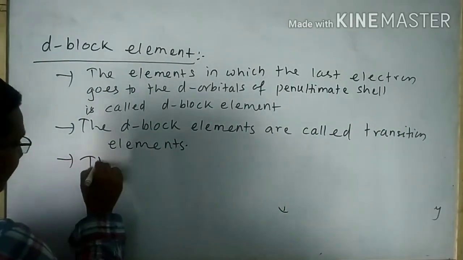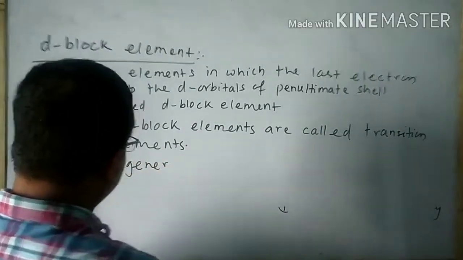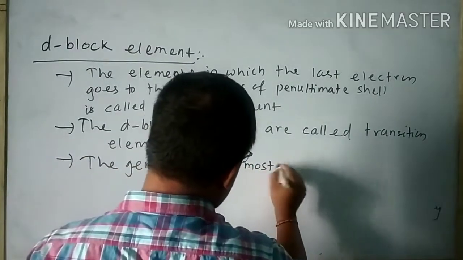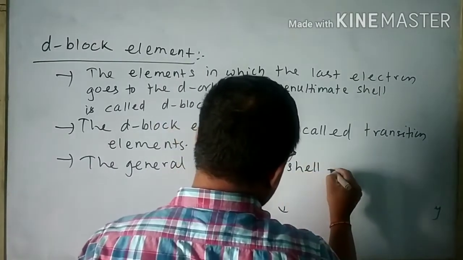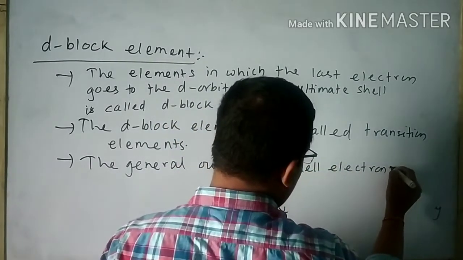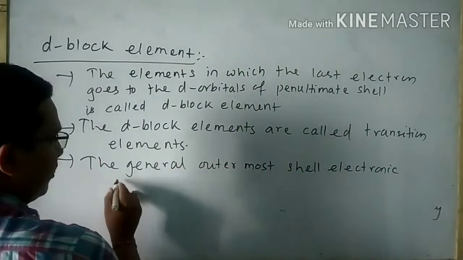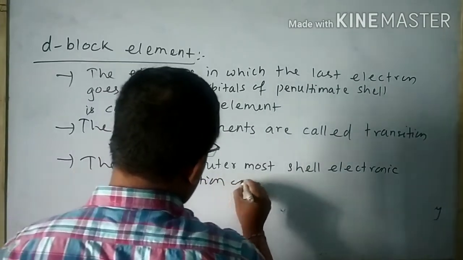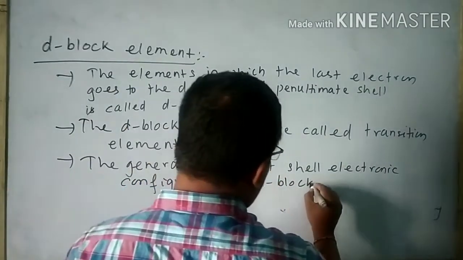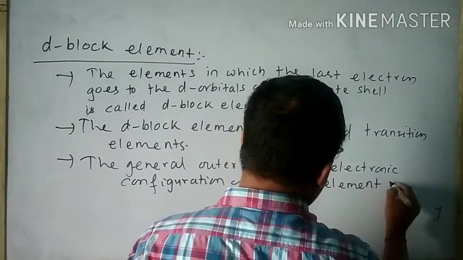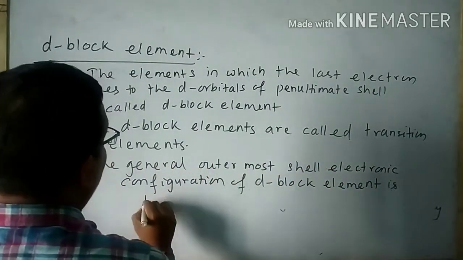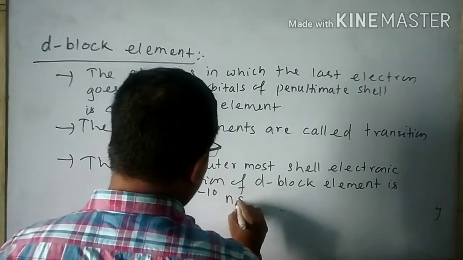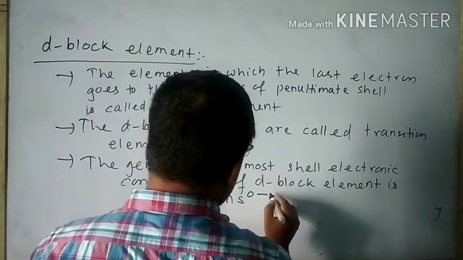The general outermost cell electronic configuration of d block elements is (n-1)d1 to 10, ns0 to 2.